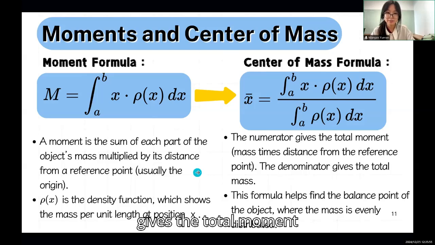The numerator gives the total moment, mass times distance from the reference point. The denominator gives the total mass. This formula helps find the balance point of the object, where the mass is evenly distributed.